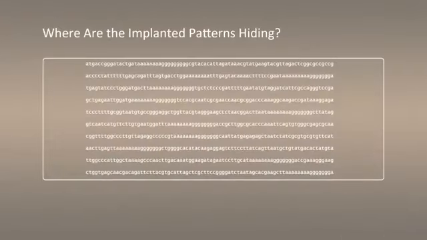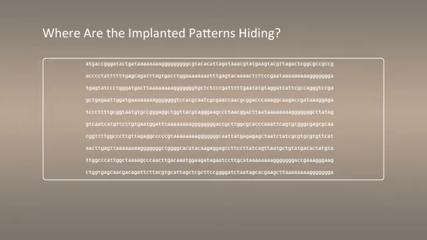Indeed, you can concatenate all these sequences and find the most frequent word in the resulting concatenate. The implanted pattern will appear 10 times in this concatenate. It is surprisingly frequent, which most likely will mean that this was the pattern that I have inserted.